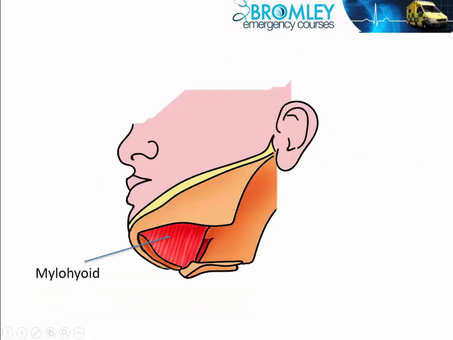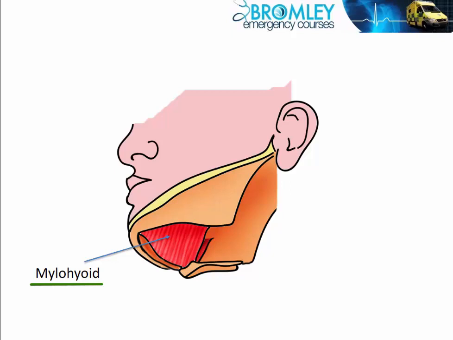And if we look laterally at the neck, here's the mylohyoid. The mylohyoid runs from the inside of the mandible on each side, meeting in the midline and being attached to the front of the hyoid bone at the back of the muscle. It's a thin diaphragm and helps to hold up the tongue and maintain the structures beneath the tongue.